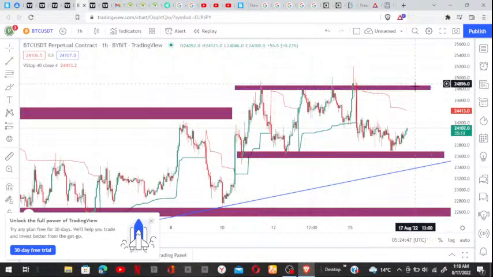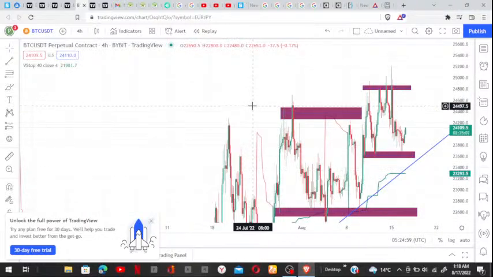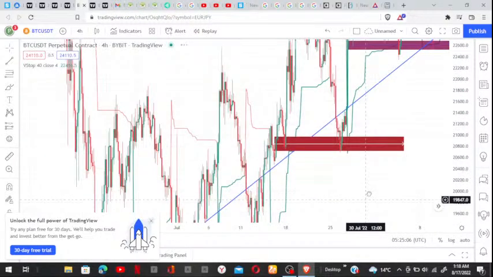Remember guys, before even analyzing these charts or anything, let me just show you. You need to know that BTC USDT is on an upward trend, and that's why I showed you this line over here, which I told you gives me a clear indication of what is happening in the market.